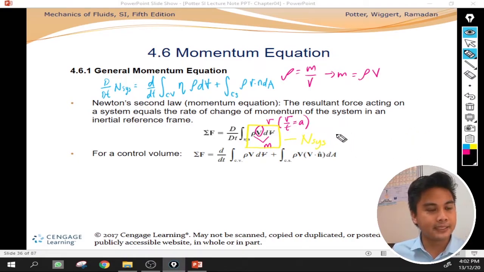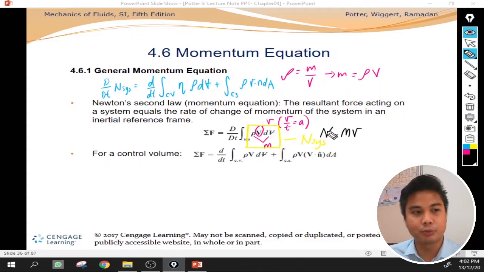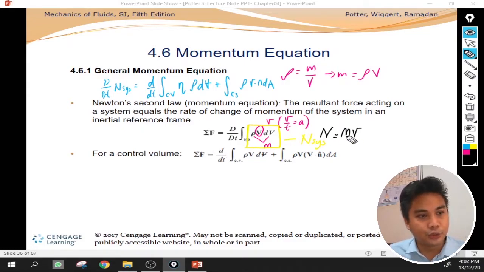The N of the system is basically mass times velocity. That's why we call this the N for the momentum equation. The extensive property for the momentum equation is equal to m times v. So let's substitute mv into this form.